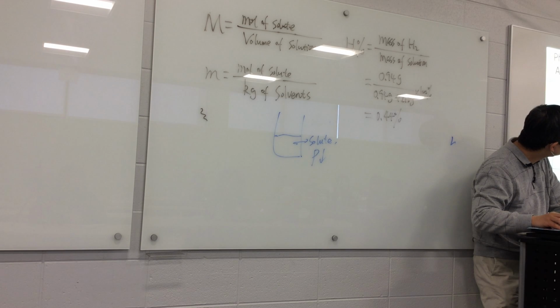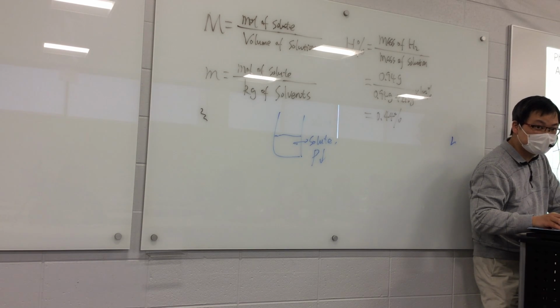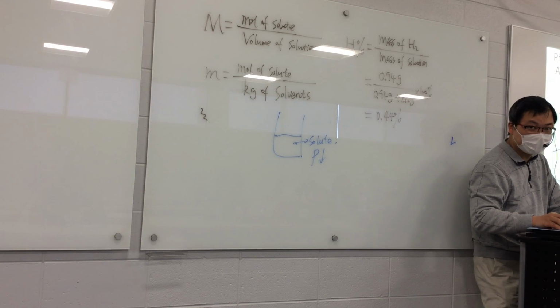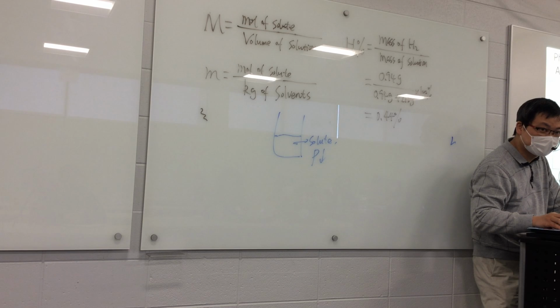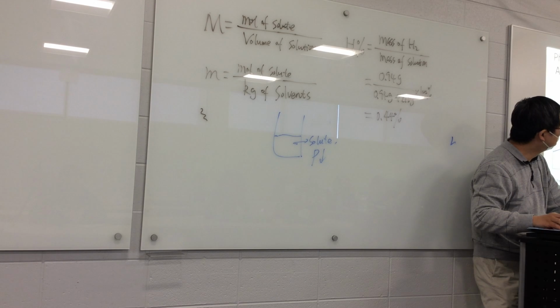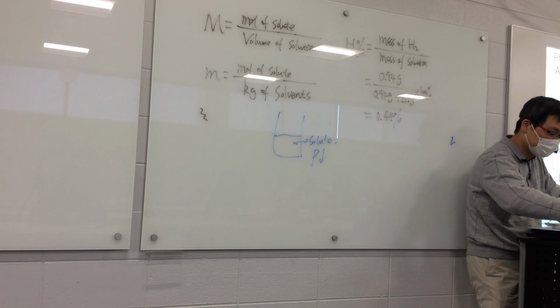So you can look here. At 100 Celsius degree, water boils, but the solution does not. Why? Because its pressure does not reach 1 atm yet, because the non-volatile solute lowers down the vapor pressure. So we have to increase the temperature so that the vapor pressure of this solution also reaches 1 atm. Okay, that's one.